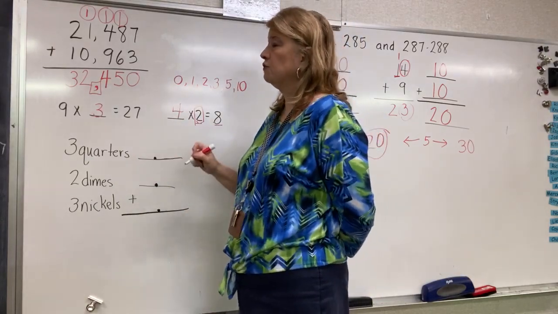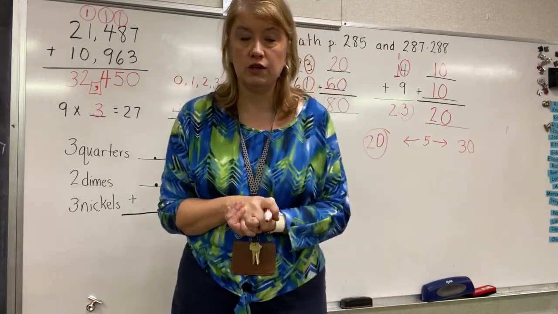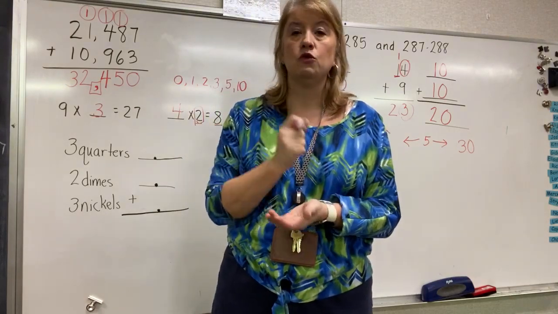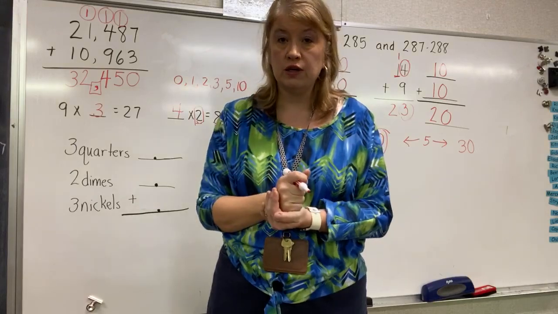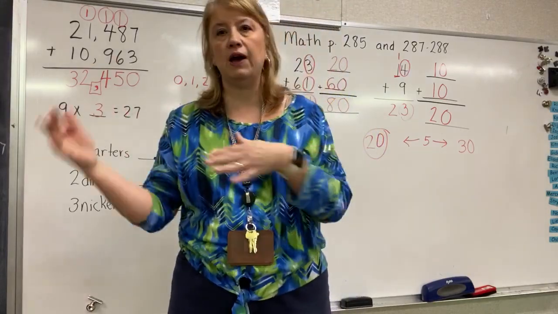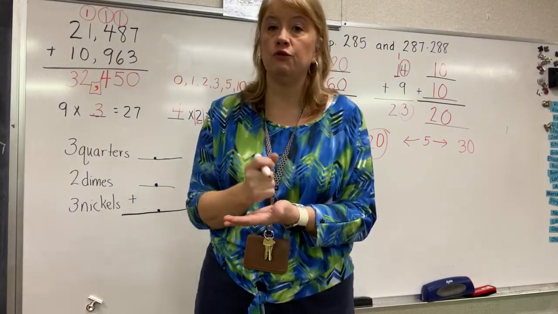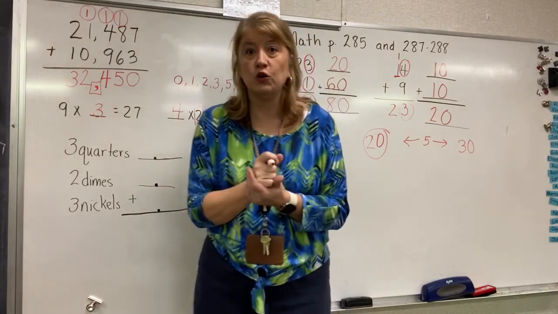Now, 3 quarters, we have to count by 25s. First, let's count by 25s to 200 to get your brain focused on counting by 25. 25, 50, 75, 100. After 100, it goes back to the pattern of 125, 150, 175, 200.